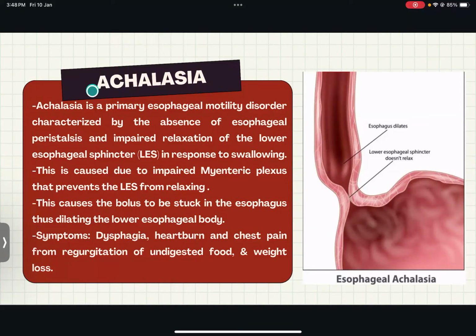Cardiac examination is unremarkable, and EKG shows normal sinus rhythm. He is prescribed a trial of a proton pump inhibitor. Which of the following best describes the underlying pathophysiology of this condition?